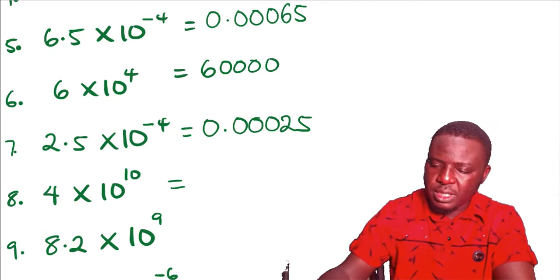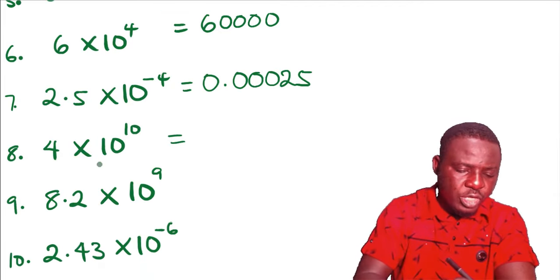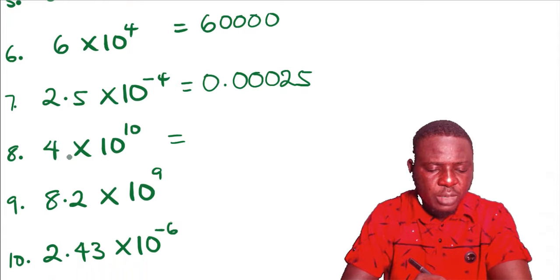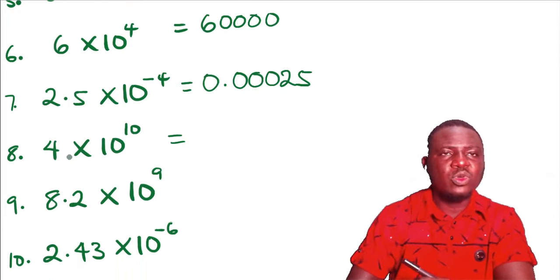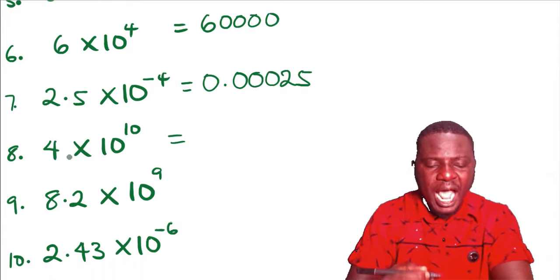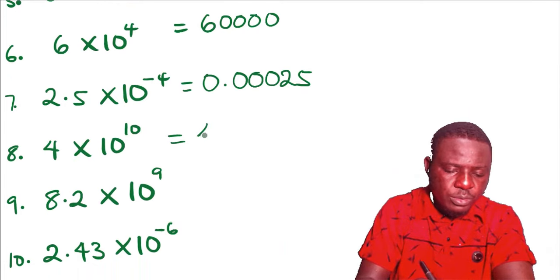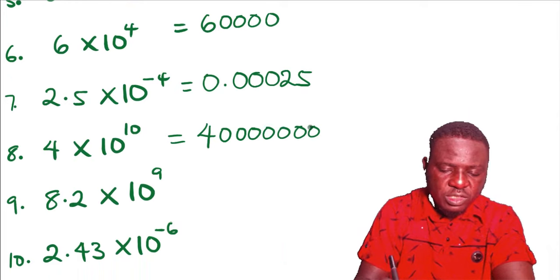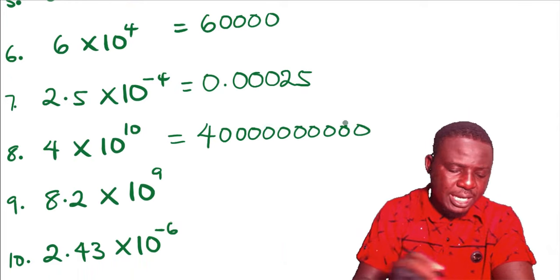Number 8. Can you try this? 4 times 10 raised to the power of 10, meaning we are going to have 10 zeros after 4. This becomes 4, 1, 2, 3, 4, 5, 6, 7, 8, 9, 10.